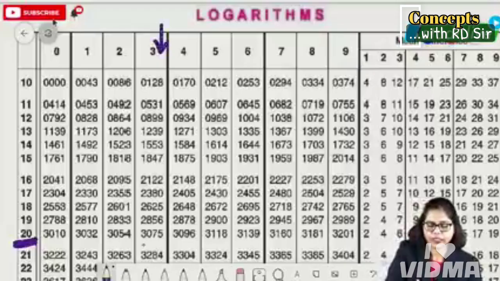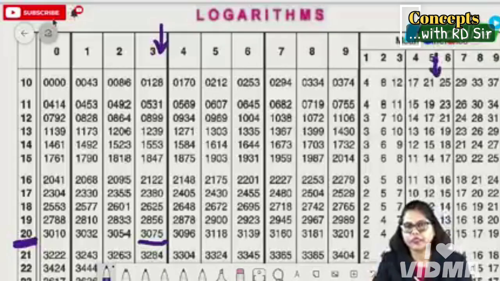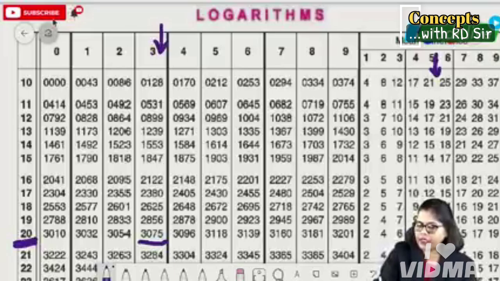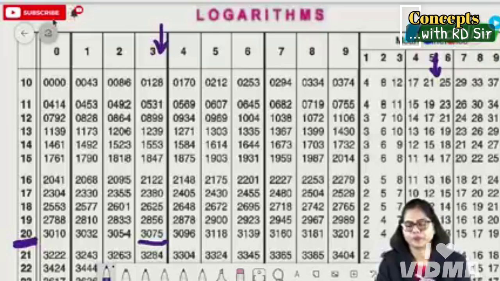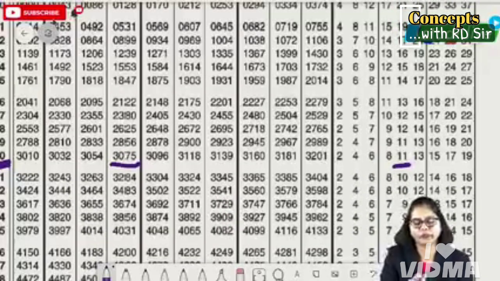So with 23. And then 5, we are supposed to take it from mean difference. That is this part. Right? Fifth one. So in this row, I am getting here this as 11. Can you see this? So 23 and 5. Now what are we supposed to do? Add this number. 3075 plus 11. If you add it, you will get what?